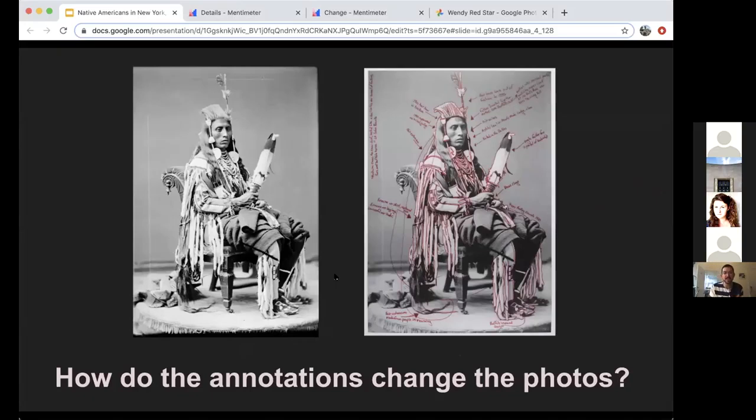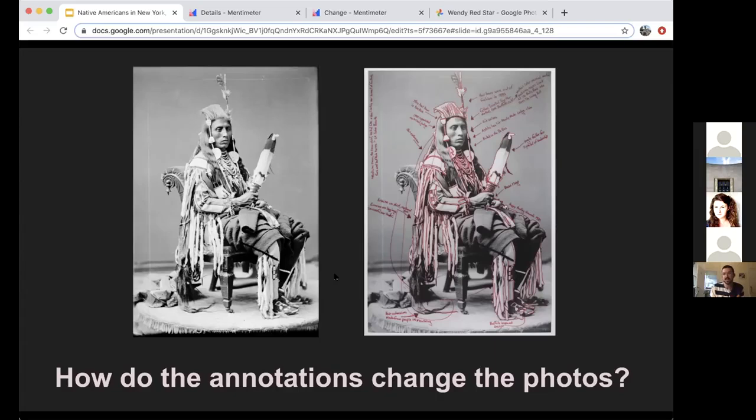Charlie is going to drop another link in the chat. I'd like for you to think about this question now that you've seen the original photographs and you've seen Wendy Red Star's variations on them with the annotations. How do her annotations change the photos? You're welcome to take a minute to think about that.